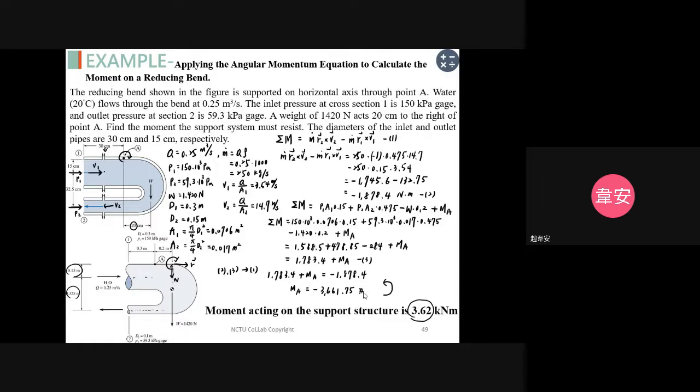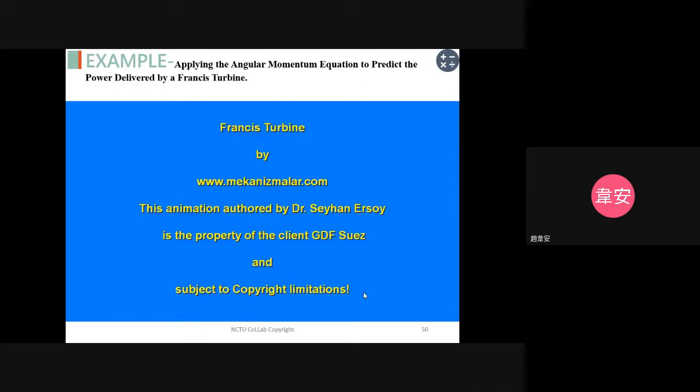Because in this problem we are focused on rotation problems, if we would like to understand how large the moment is to support the system to resist, we need to apply the angular momentum equation to calculate the moment. Okay, and the next problem is very famous.